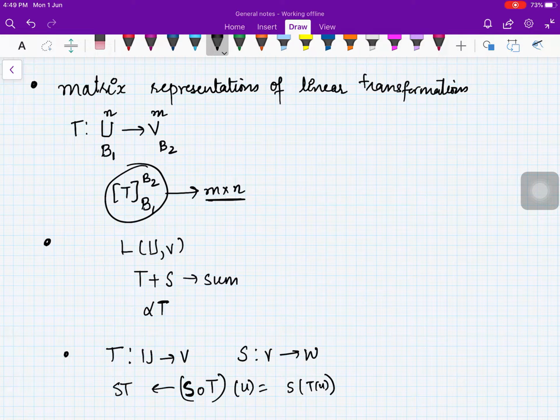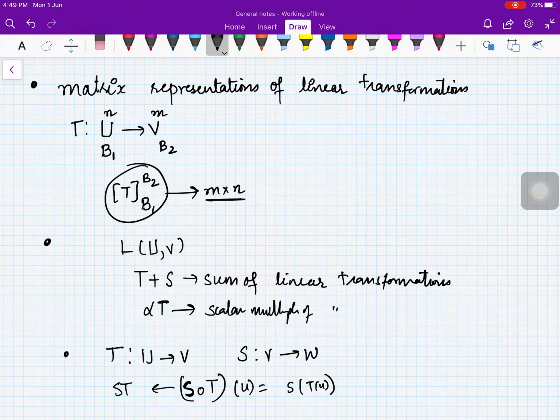So this is called the sum of linear transformations, this is called the scalar multiple of a linear transformation, and this is called the composition of transformations.